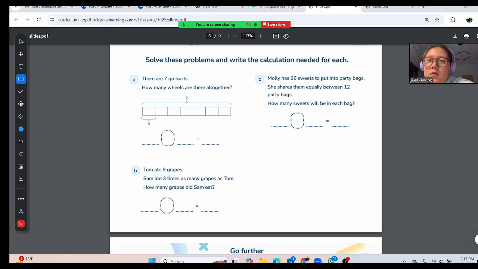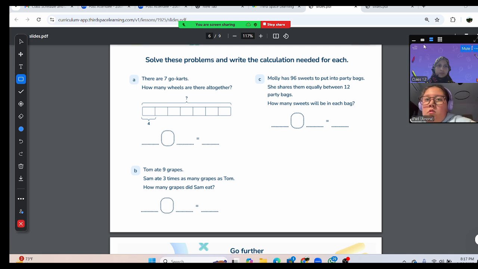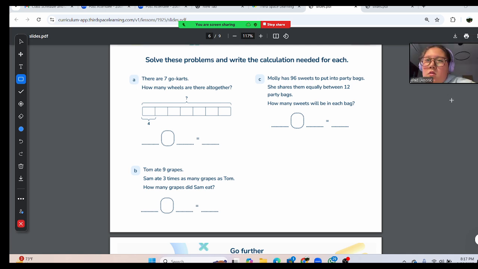There's one card. 7 divided by 4? Whenever it is asking all together, how many wheels are there all together, we don't need to divide.